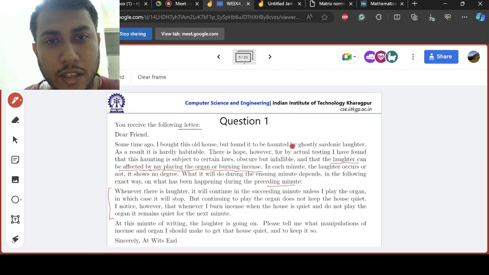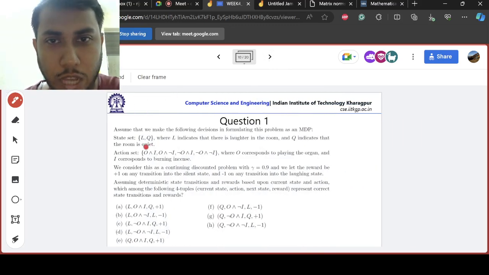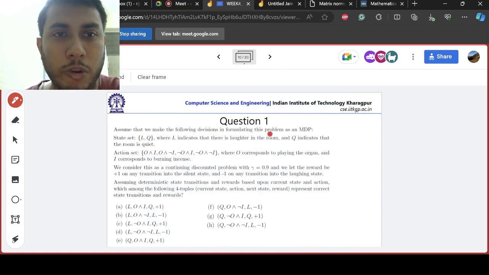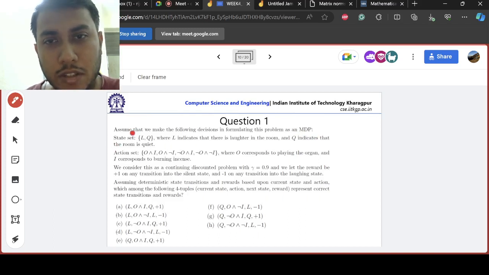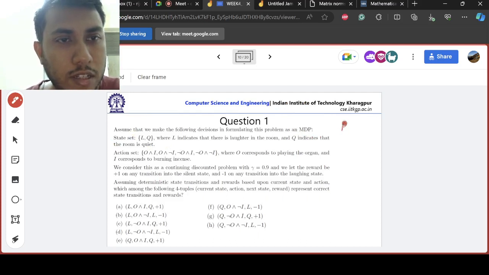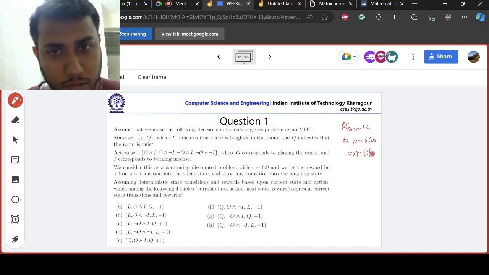So let's read the question properly first. Assume we make the following decisions in formulating the problem as an MDP.